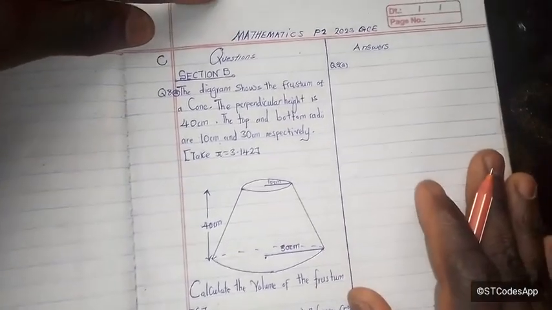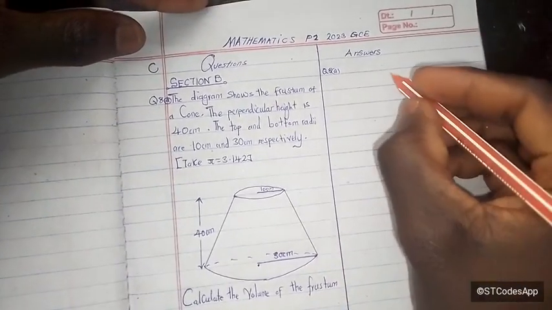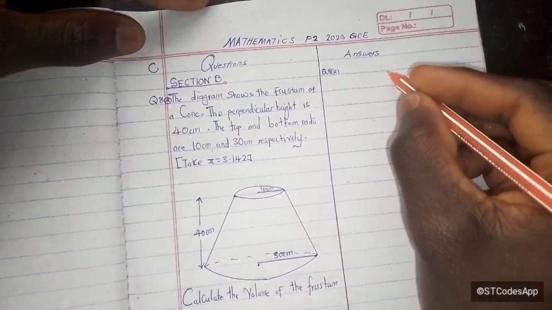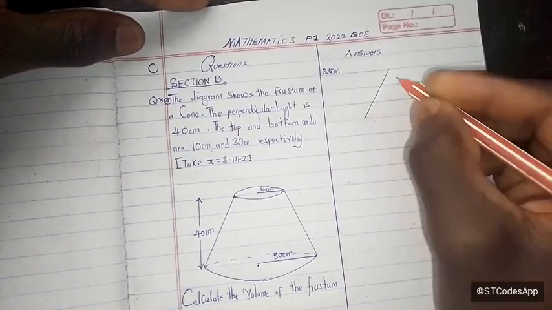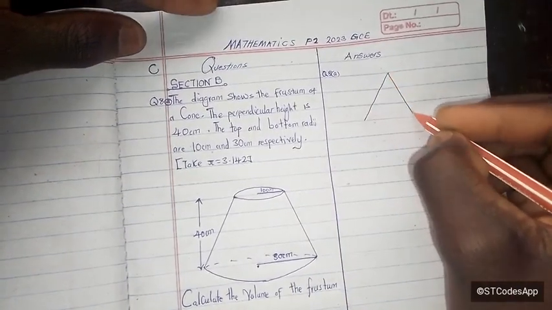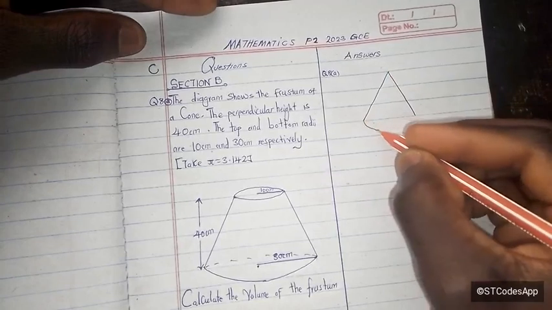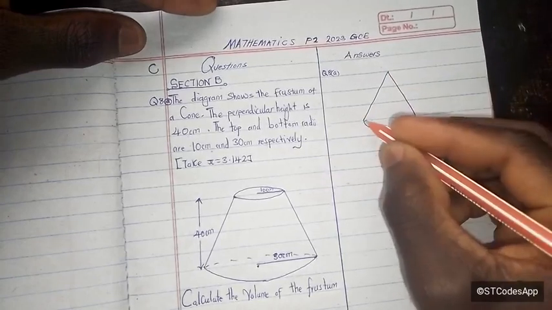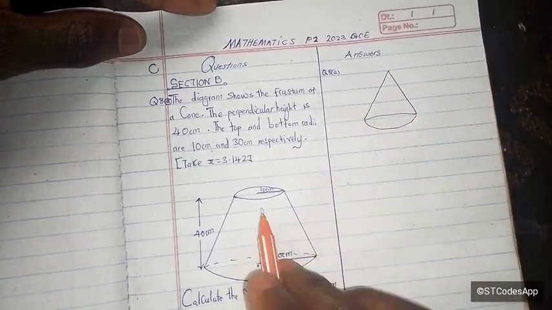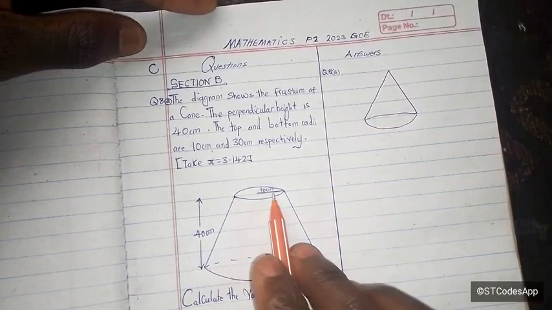What we need to understand here is that a full cone looks like this. As you can see, this one here has been cut.